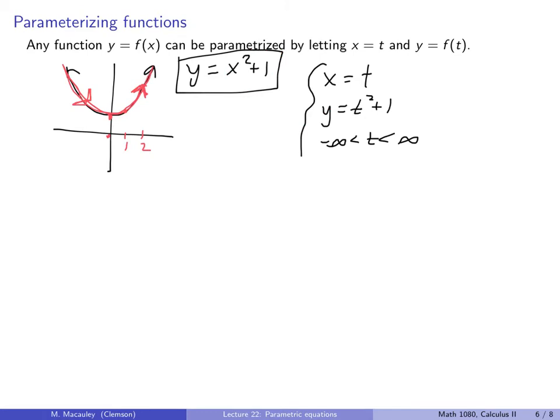Okay, so let's do another example. Here I'm going to draw a line segment, and I'm going to ask you how to parameterize it. So let's find a parameterization of the following segment.